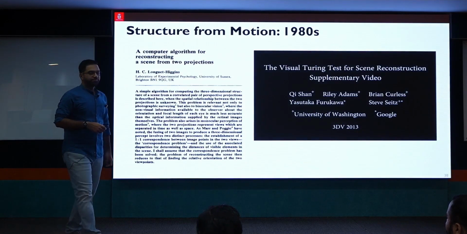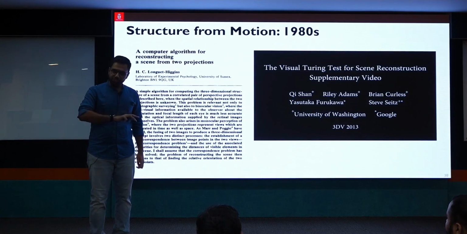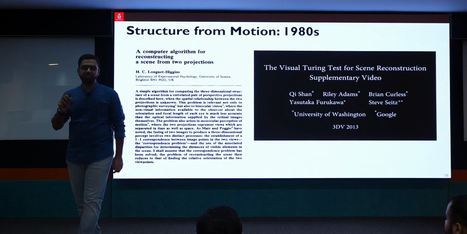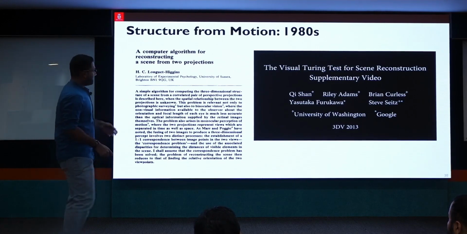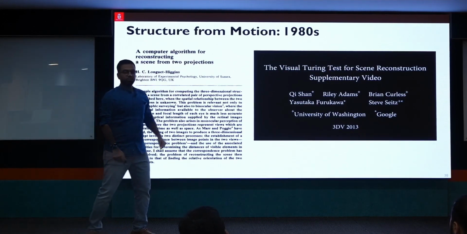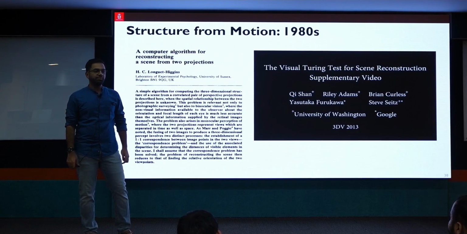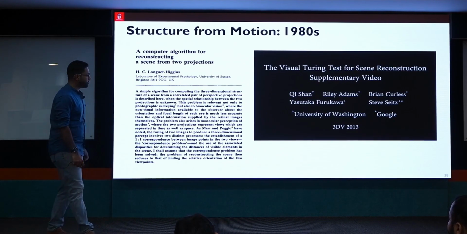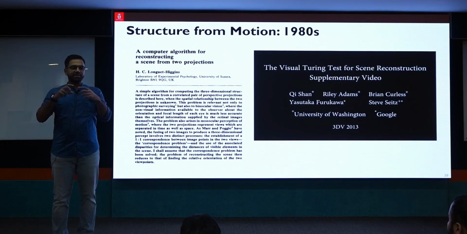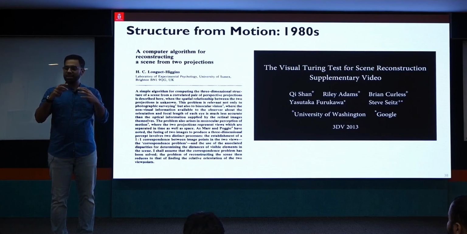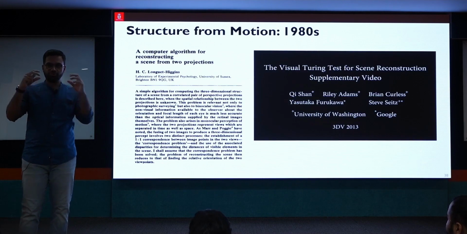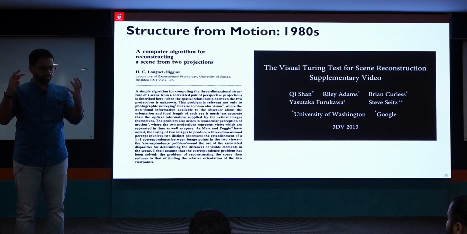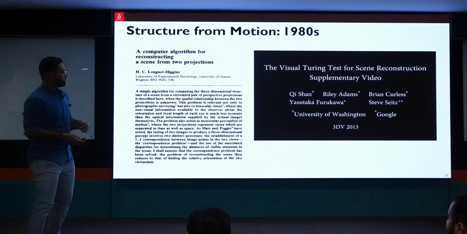Okay. In the computer vision community, people are also inventing technology to reconstruct the world, to reconstruct the shape and appearance of the world. Specifically, there is this method known as structure from motion. Structure from motion is a technology that is used to create, very similar to radiance fields, a digital representation of the shape and appearance of the world, something that looks like this.